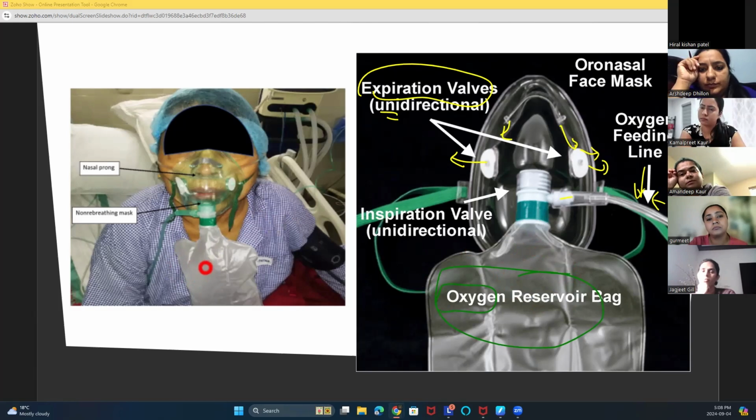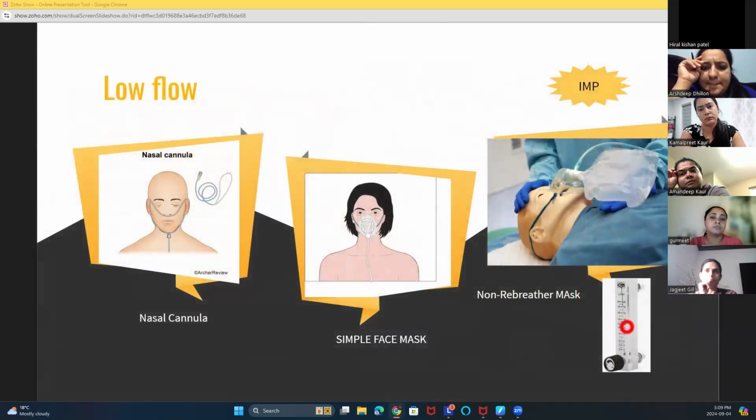It gives you a hint that when you give this mask to the patient, this reservoir should be inflated like a balloon. How to make it inflated? The oxygen pipe is attached to this, and you turn it up full. Too much oxygen.